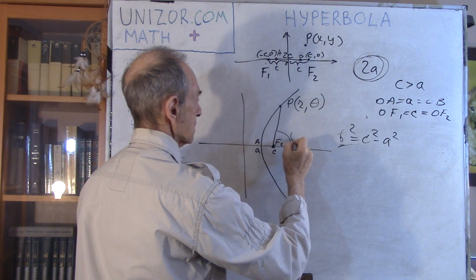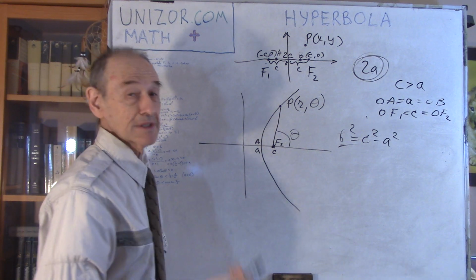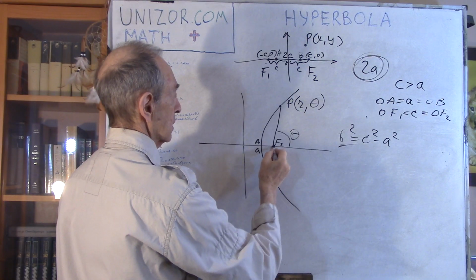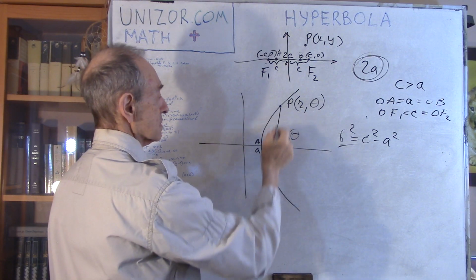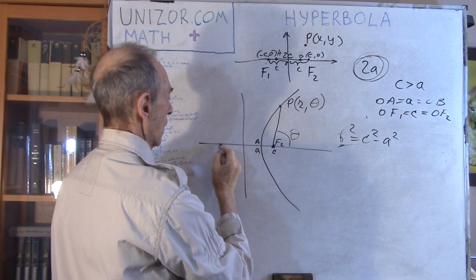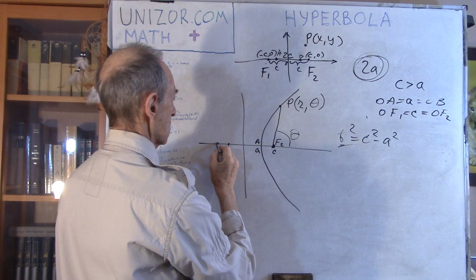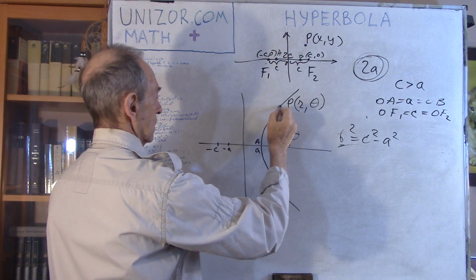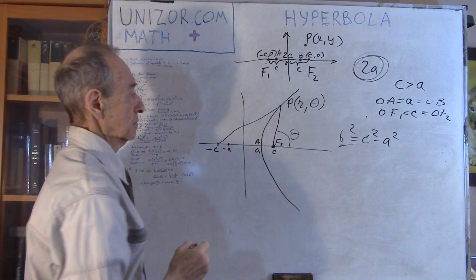Now this is angle theta. So at least I have a little bit simpler expression because the distance to one of the foci is very simple. It's just r. Now this is minus a and this is minus c. This distance is more complicated.